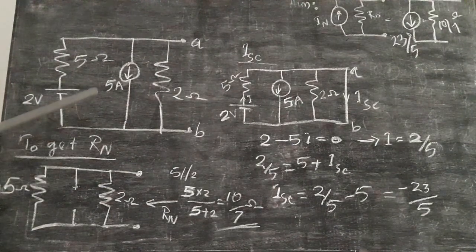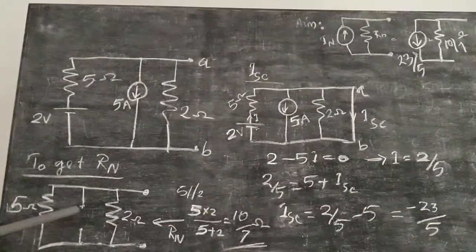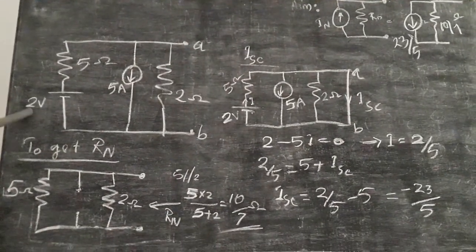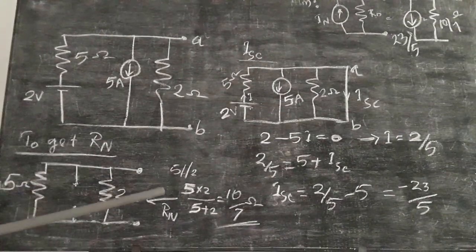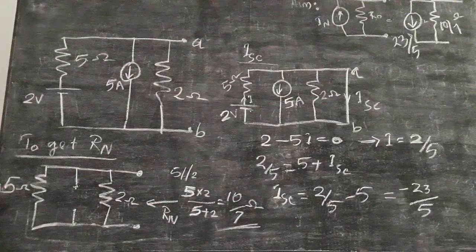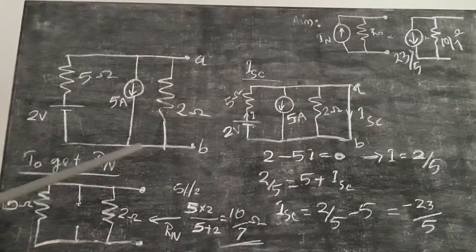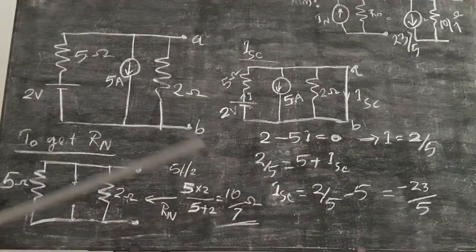Then replace the independent sources by their internal resistances: the current source by an open circuit, the voltage source by a short circuit. Now find the equivalent resistance looking from the opened terminal. Here 5 parallel to 2, so the equivalent resistance is 5 into 2 by 5 plus 2, equal to 10 by 7.